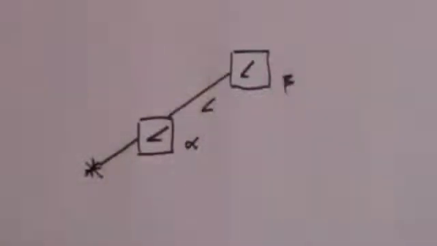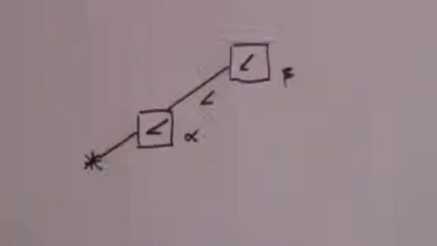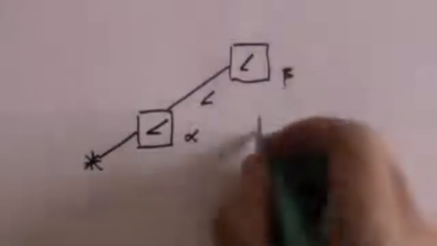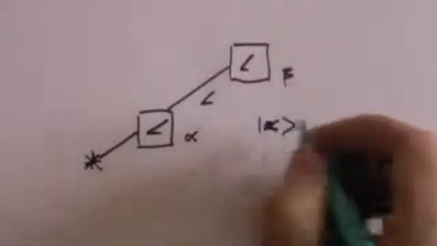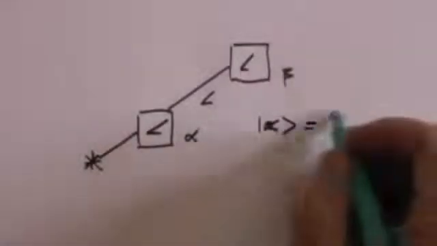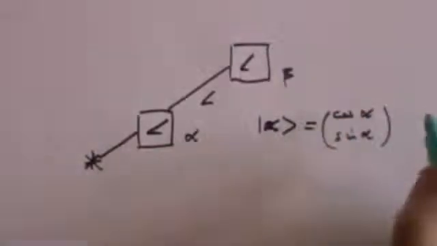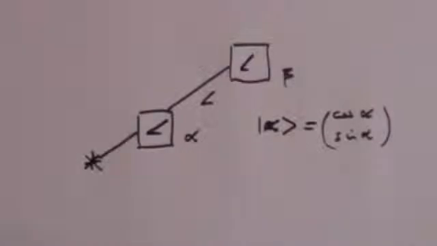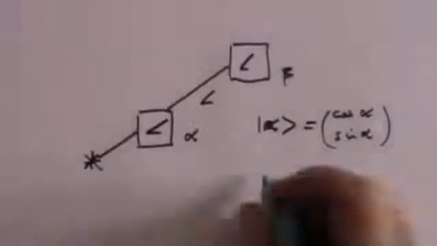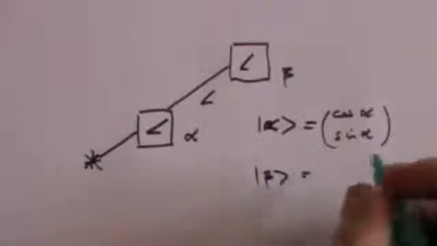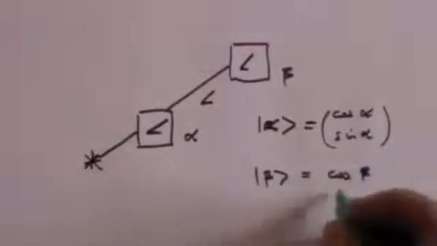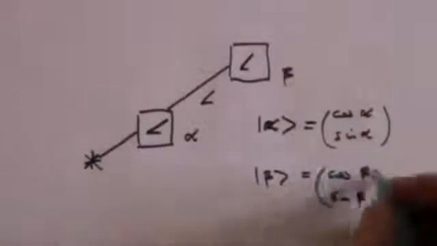Well, let's remind ourselves of the states. The alpha state will of course be the cosine of alpha and the sine of alpha. We're just replacing theta by alpha here. And the beta state is going to be the cosine of beta and the sine of beta.